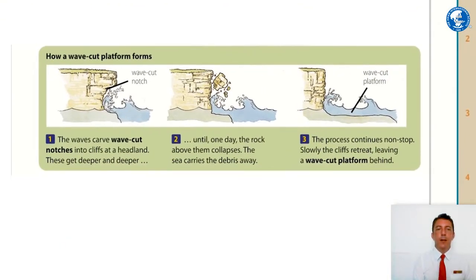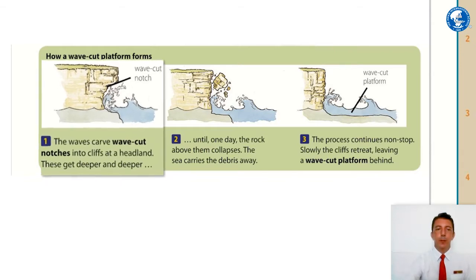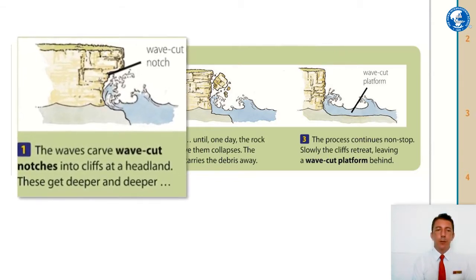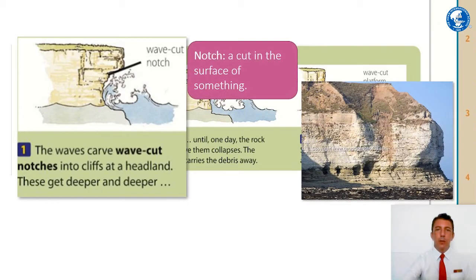So let's have a look at how some of these landforms are created. So the first one is the wave cut platform. So number one, the waves carve out wave cut notches in the cliffs at the headland. So a notch is a cut in the surface of something.